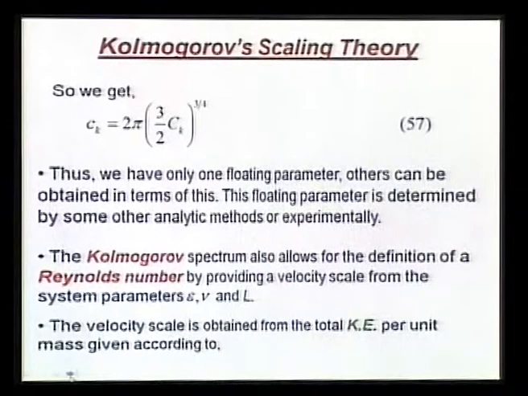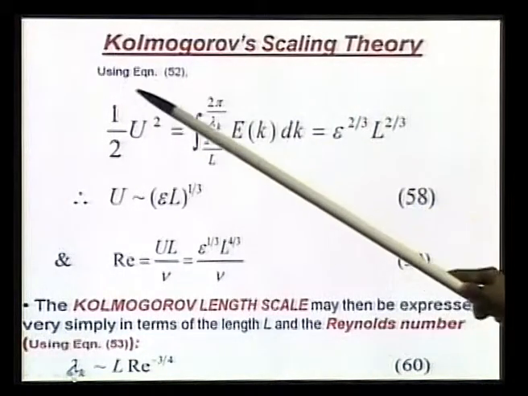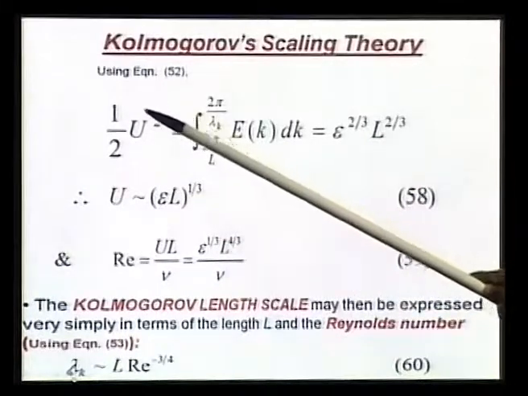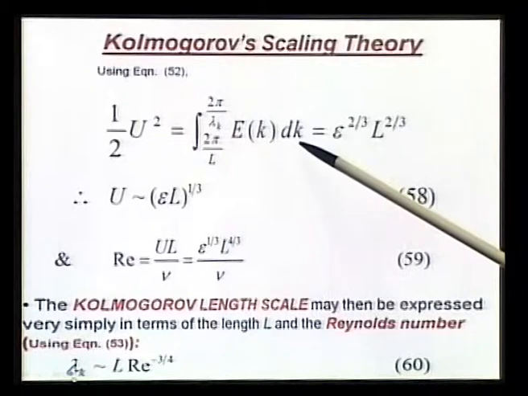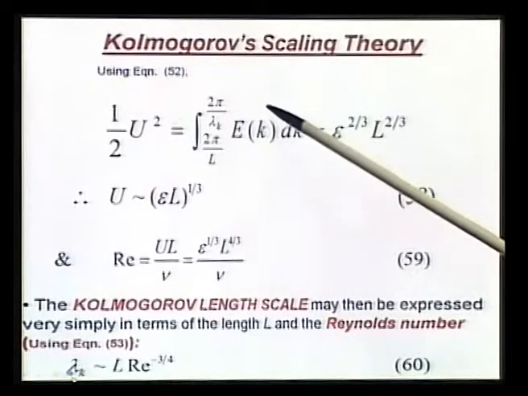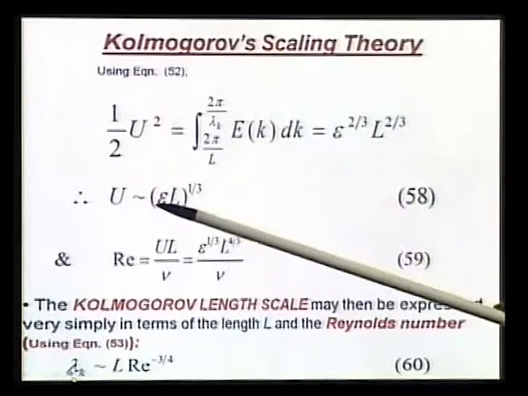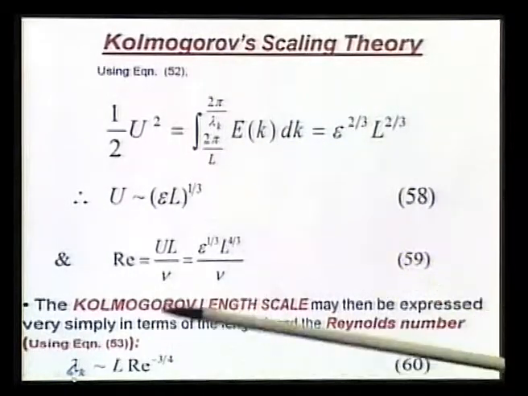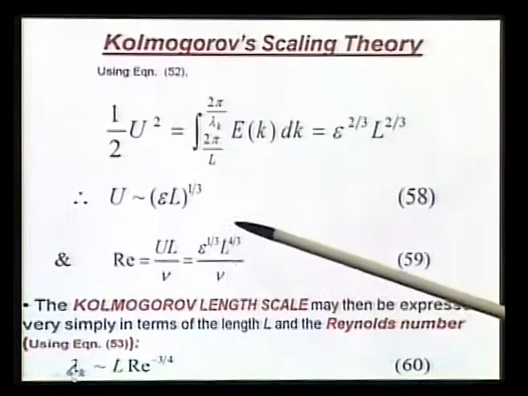So that is given according to this, and then we find that this is your specific kinetic energy, that is by definition given by this integral of E of k dk, and this E of k I have already gotten that expression, I substitute it there. So I find u goes like this. So if I look at the Reynolds number, that is u L by nu, it goes like this.